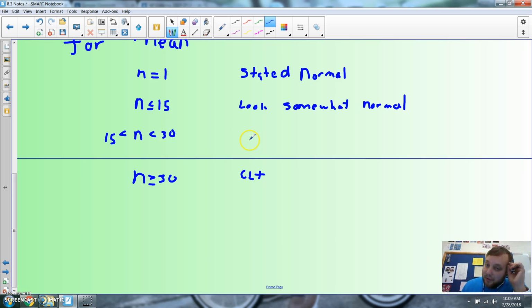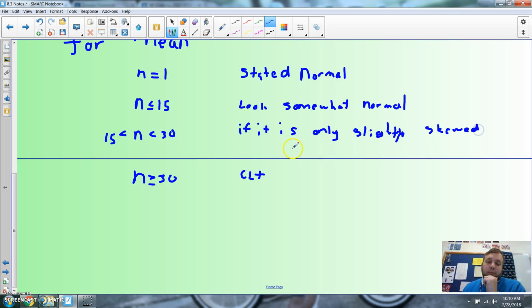Well, we can still prove it's normal if it is only slightly skewed, and no outliers. So it could be slightly skewed.